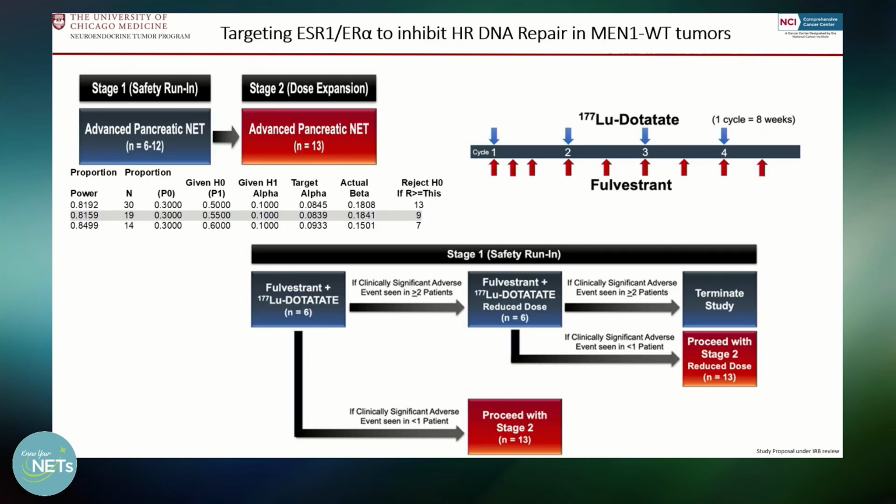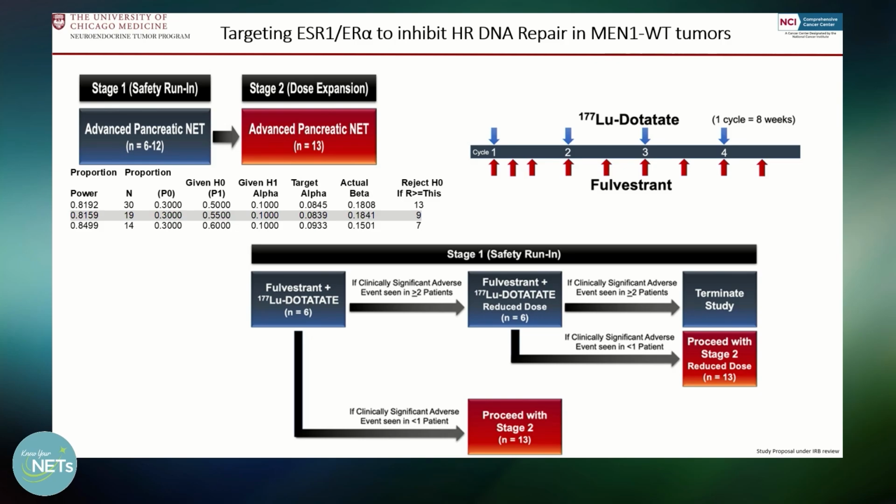And here we have started a clinical trial where we're enrolling patients with pancreatic neuroendocrine tumors at the University of Chicago. And this is a phase 1 trial where patients receive PRRT with fulvestrant, which is this hormone blocking drug. It's worth noticing also that the preclinical data from the laboratory that was used to generate this data here was funded by NETRF. So a little shout out here to NETRF for that.